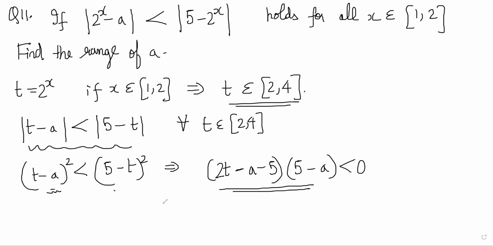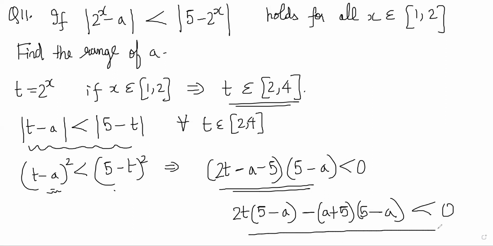Now think of this expression: (2t - a - 5)(5 - a) is less than 0, right?